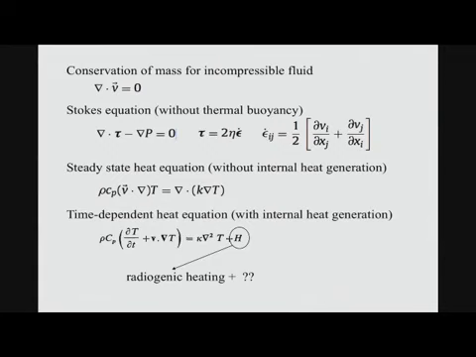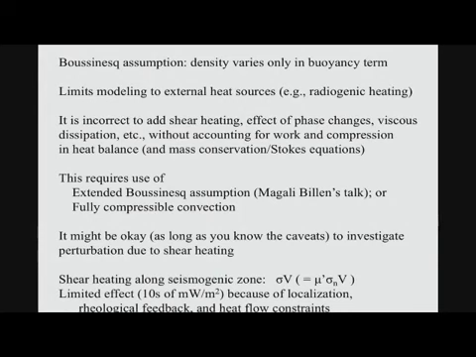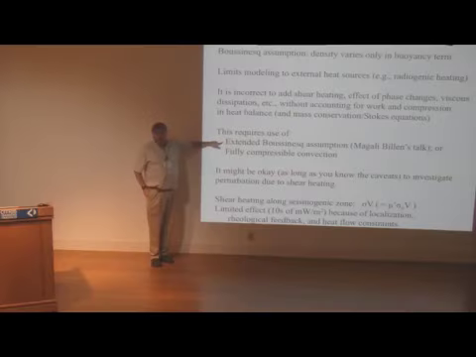If you have tidal dissipation and you think it's important, you can use that because that's not part of the equations. It's an external heat source. So my apologies for this long list, but since this talk will be distributed, I wanted to put some words on that. It's important to realize that you should not use shear heating, viscous dissipation, or anything in these type of models. The real problem with this is that in order to do this accurately, you need to use something like what's called the extended Boussinesq approximation.